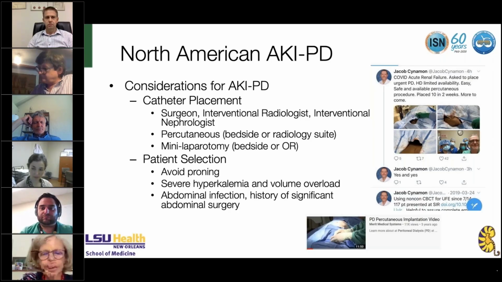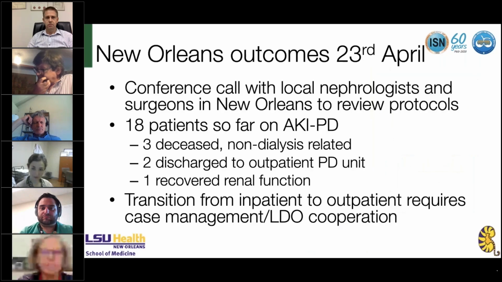Their outcomes were similar. They had 18 patients so far, 3 had died, 2 had been discharged to outpatient PD, 1 had recovered, and they commented it must be only a US problem, and that is who's going to pay for the PD once somebody transitions off ITU to being an outpatient.